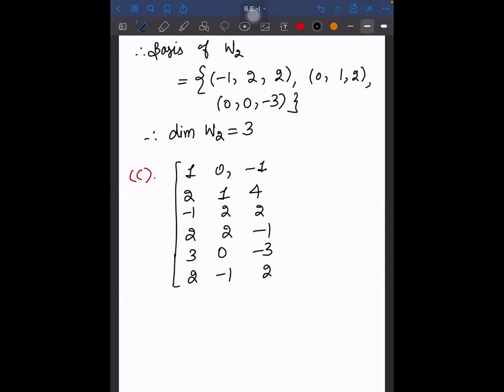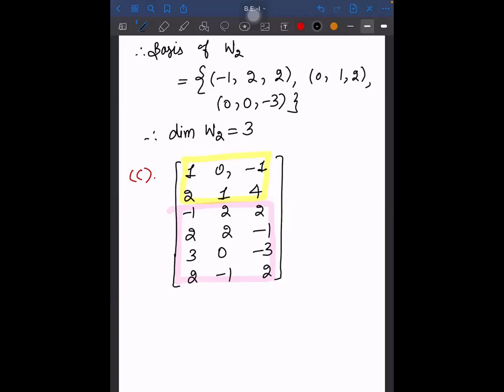So we need to consider this matrix such that this part is of W2 and this part is of W1, right? Now you're going to operate in a similar manner, but of course you have so many operations there.